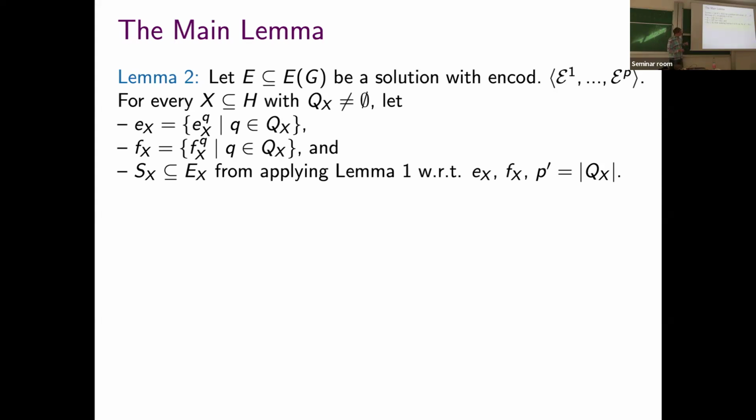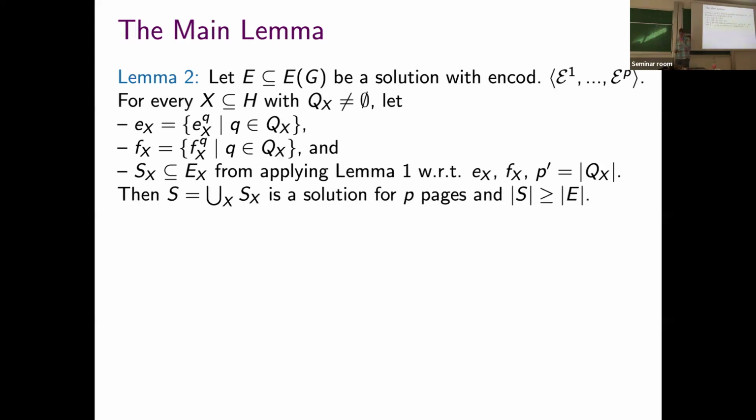And now I can apply lemma 1 with respect to this subset of E edges and subset of F edges and check whether they are compatible. And if yes, I can get a solution, and this solution I call SX. It's a solution of all edges that bridge the same subset X of my hitting set.